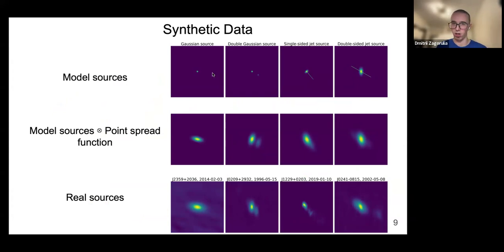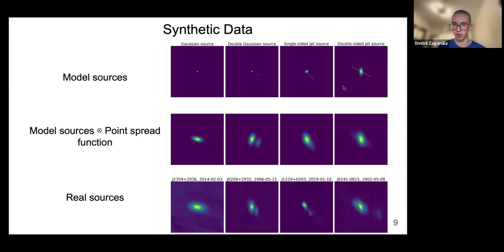We also obviously augmented them. We moved them around and changed some of their parameters. After that, we convolved these model sources with a point spread function. These point spread functions were obtained through a clusterization of parameters of the initial Astrogeo dataset.